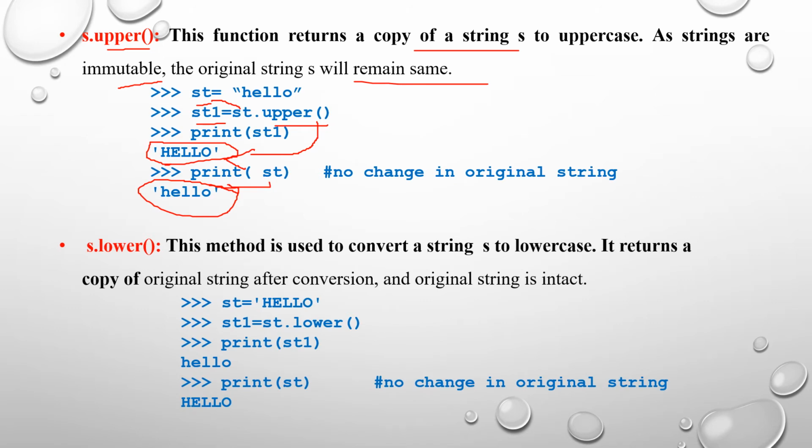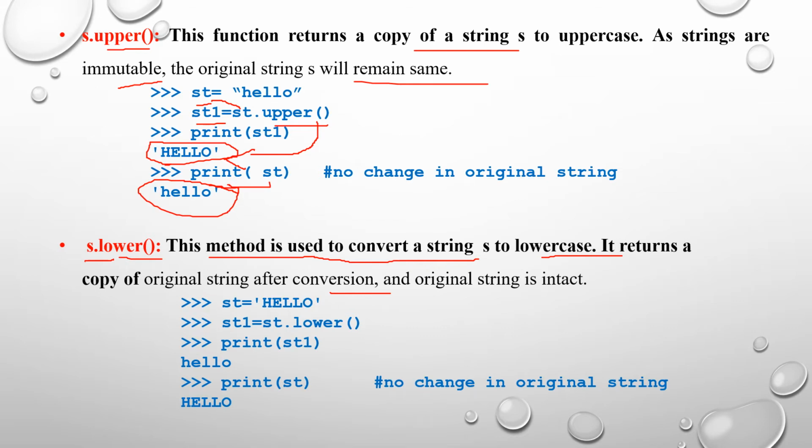The lower function is another built-in function in Python. So let's see the use case of this function. For example, the s.lower function: this method is used to convert a string s to lowercase. It returns a copy of the original string after conversion, and the original string is intact.